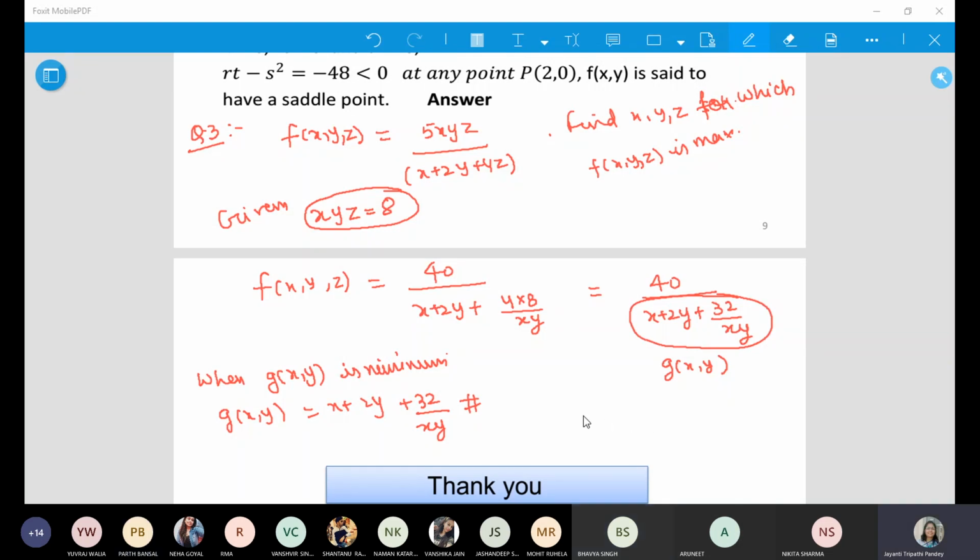I'm just repeating the absentees: Hiren, Sudiksha, then Kushagra has left. Pragati is absent. That's all.